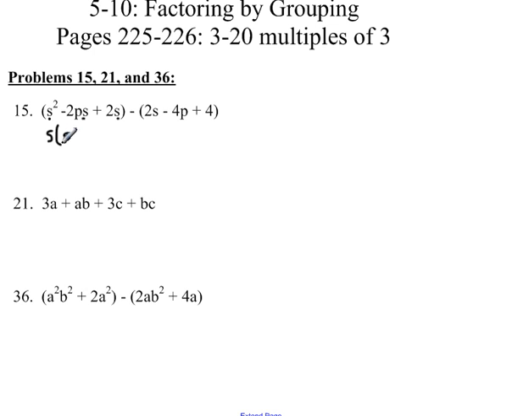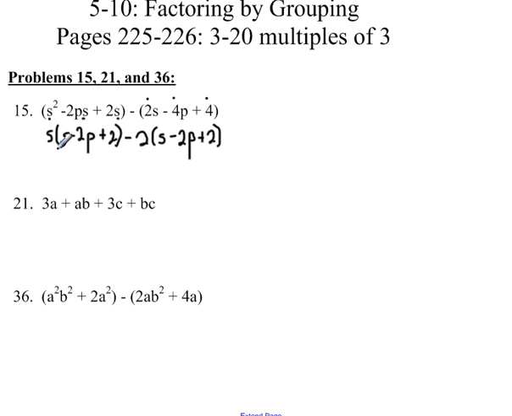That leaves me with s minus 2p plus 2. And in the second set, it looks like we have 2 in common. So minus, we'll pull that 2 out, and we're left with the exact same thing as in our first set of parentheses, s minus 2p plus 2.